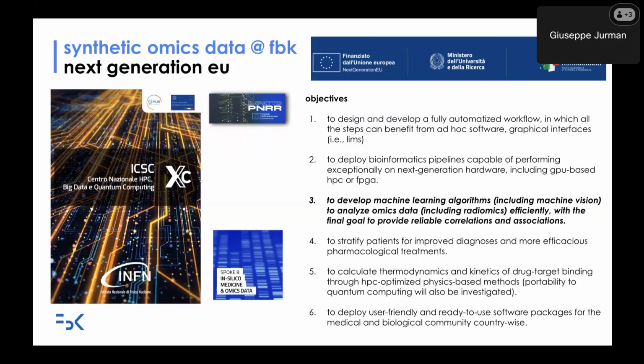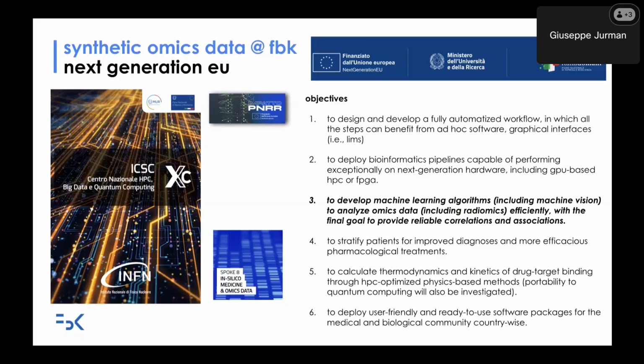This is why we are interested in this. We are interested because we are involved in a PNR project, the HPC, high performance computing in omics, and one of the targets of this PNR project is exactly developing machine learning algorithms to analyze new omics data, including also radiomic synthetic data, in a very efficient way.